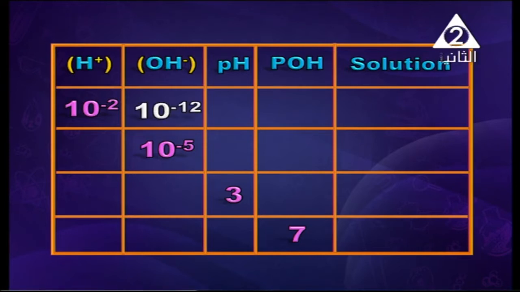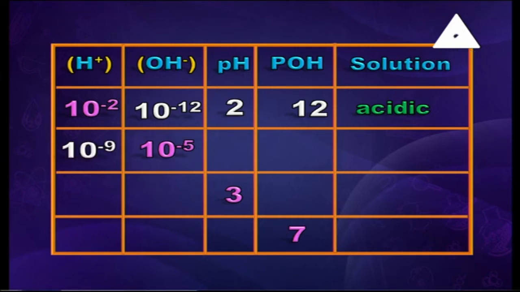So, concentration of hydroxide ion equals 10 to power negative 12, and pH, negative log H positive, equals 2, and pOH, negative log OH negative, equals 12, and solution is acidic as pH is less than 7, which equals 2.